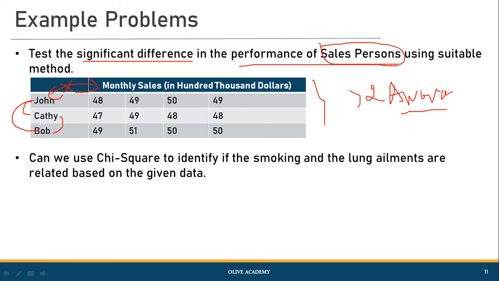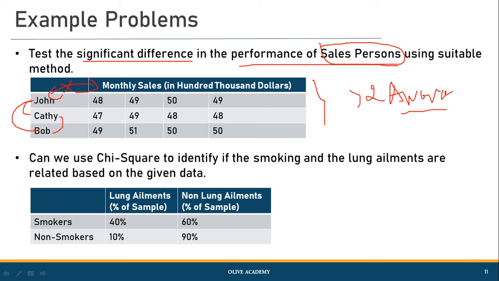Now, let's look at another example where the question is, can we use chi-square to identify the smoking and the lung ailments are related based on the given data? The question is again related to the chi-square, because it is about the relationship between smokers and the lung ailments. But hold on, can we apply chi-square?